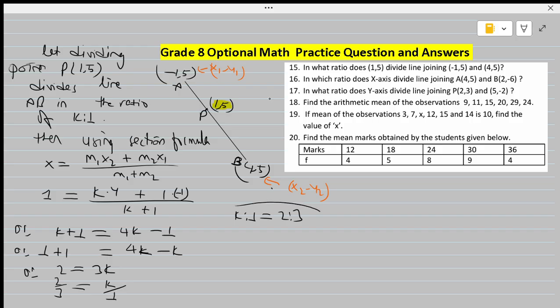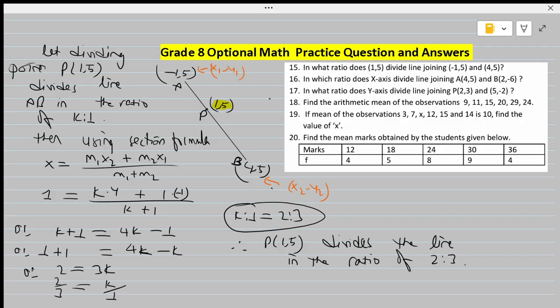So the thing is done. The ratio is 2 is to 3. So you can conclude here: therefore, the point P15 divides the line in the ratio of 2 is to 3. So that is it, that was number 15 which I've done.